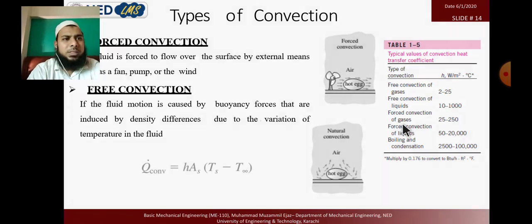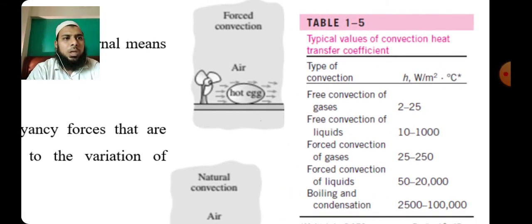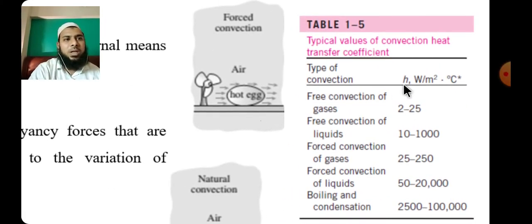Before going to the example, I just need to show you the value of h in different forms of liquids and gases. In free convection of gases, the value of h, the convection heat transfer coefficient, is between 2 to 25. And free convection in liquid is 10 to 1000.